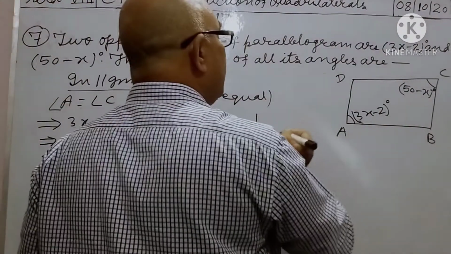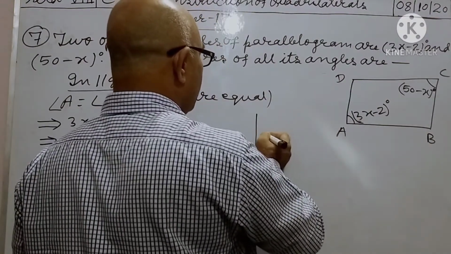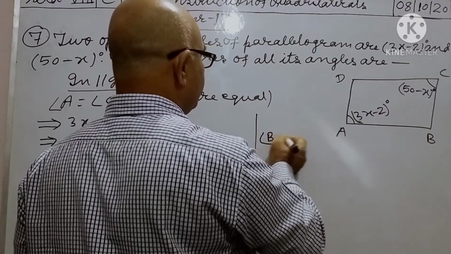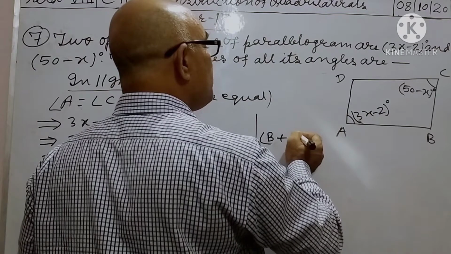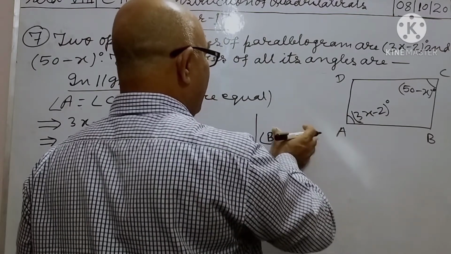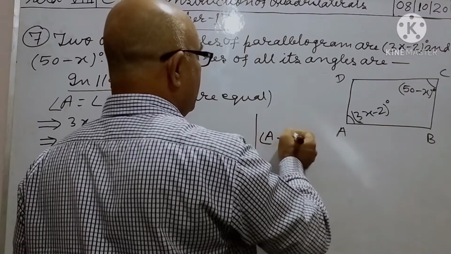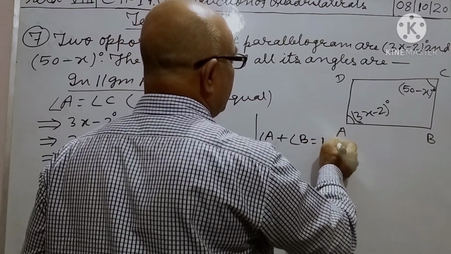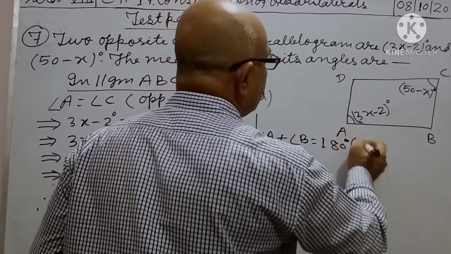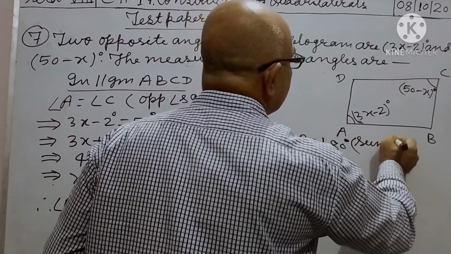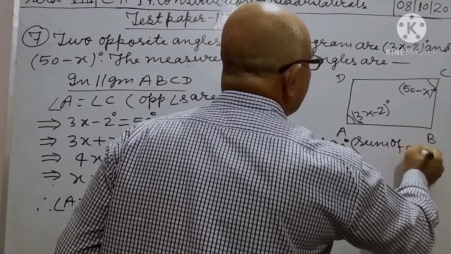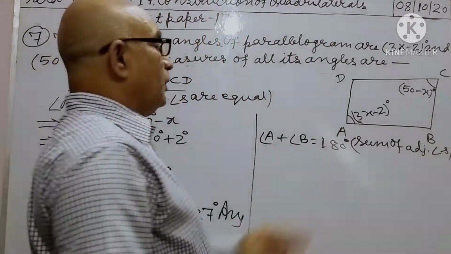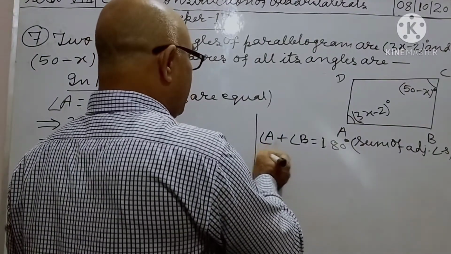Now angle B. Angle A plus angle B equals 180 degrees, since the sum of adjacent angles is 180 degrees.